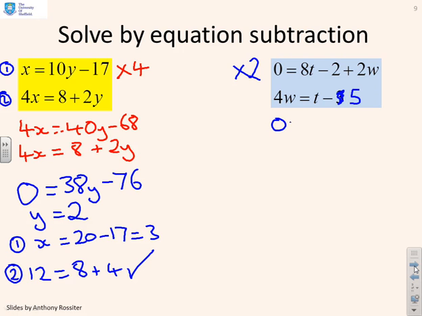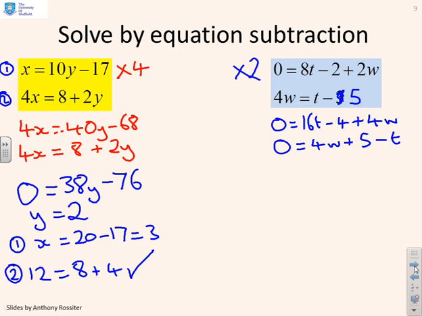So I get 0 equals 16t minus 4 plus 4w, and the equation below, I'm going to put it the other way around because it makes life easier. I'm going to get 0 equals 4w plus 5 minus t.